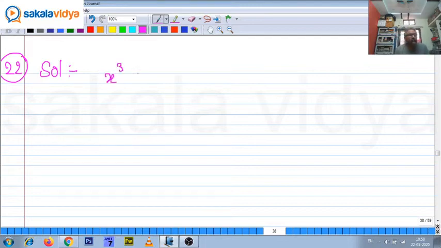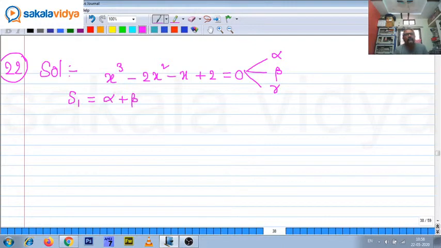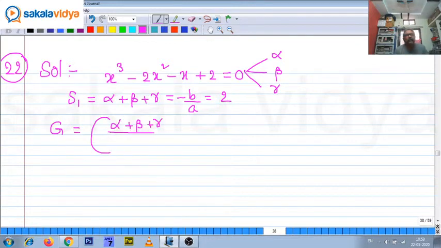x cube minus 2x square minus x plus 2 equals 0. Roots alpha, beta, gamma. Sum of the roots, S1, alpha plus beta plus gamma equals minus b by a. Here b is minus 2, so minus of minus 2, that is 2, by the x square coefficient 1... Now centroid G is equal to (alpha plus beta plus gamma) by 3.